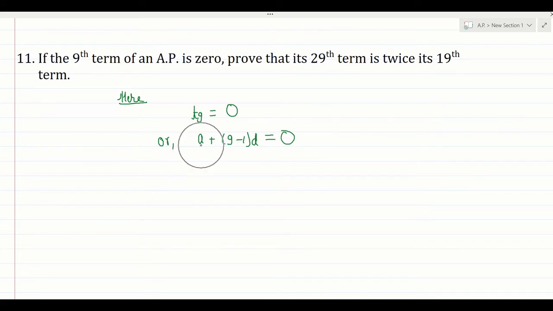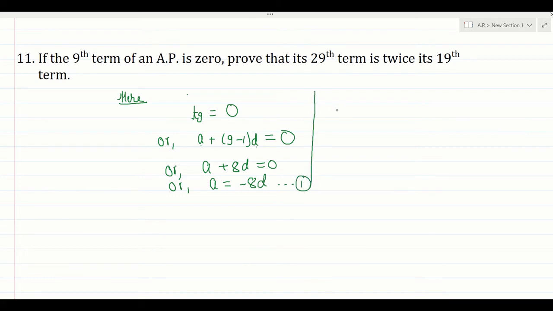What is A over here? The first term. What is D over here? The common difference. So at the very beginning of this problem, you will write, let A be the first term and D be the common difference. Is this clear? Okay. So it is A plus 8D equal to 0. It means A is equal to minus 8D. Is this clear? This is equation 1.